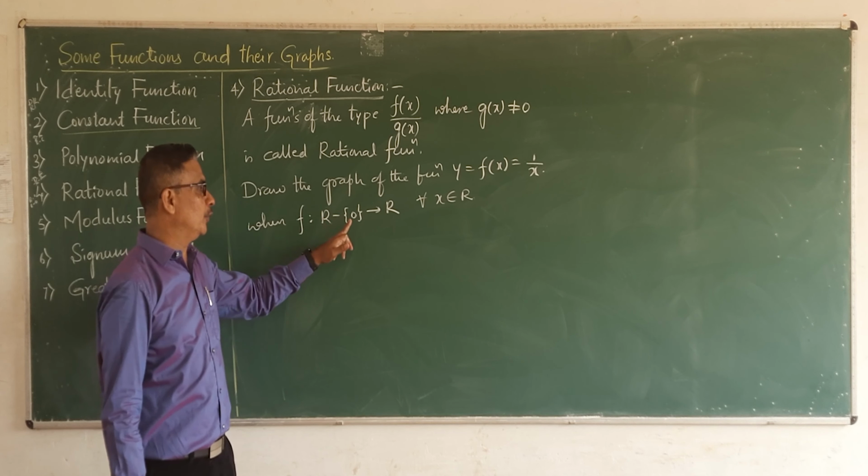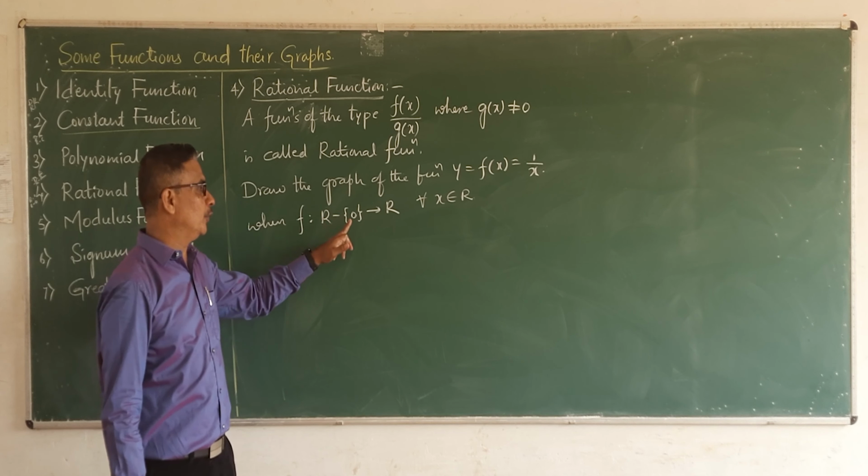The left side is negative numbers. The upward direction is positive numbers, say 1, 2, 3, 4, 5, 6, 7, 8, and so on. Downward it is negative numbers: minus 1, minus 2, minus 3, minus 4, minus 5, minus 6, minus 7, minus 8, and so on.